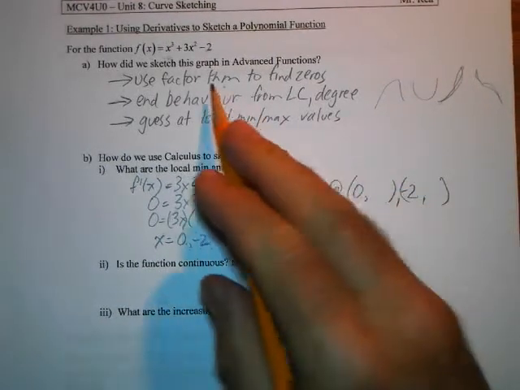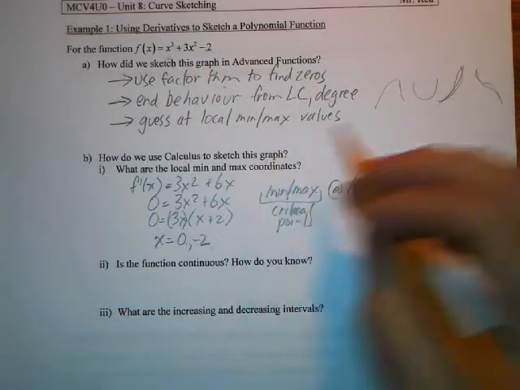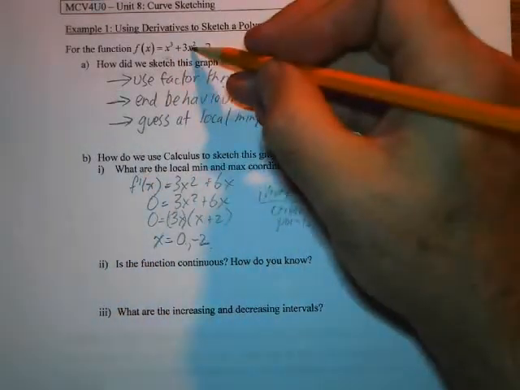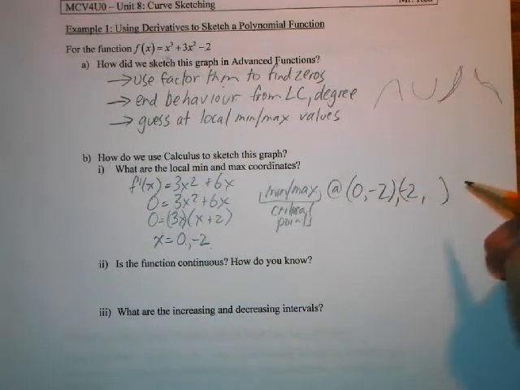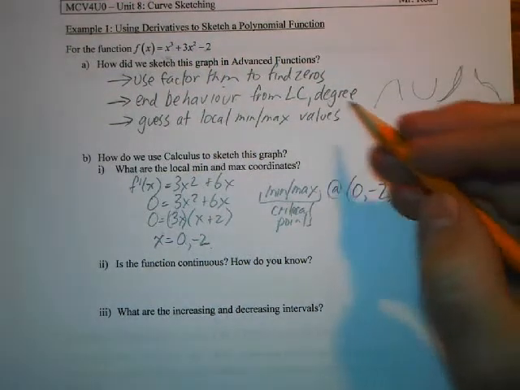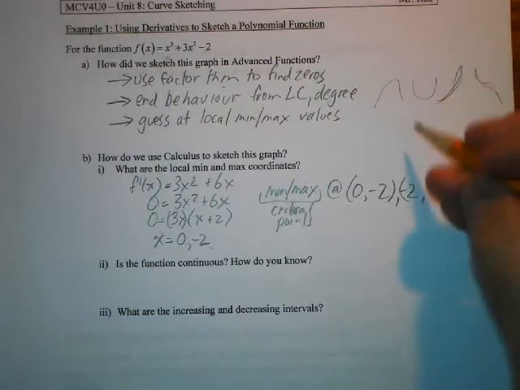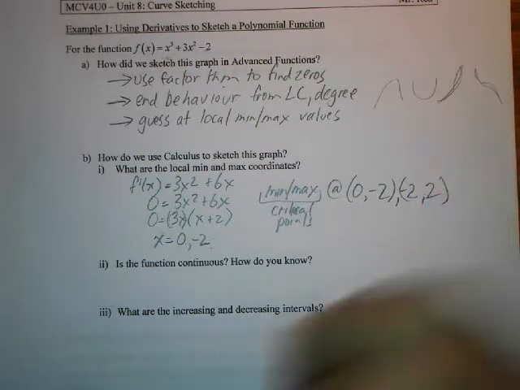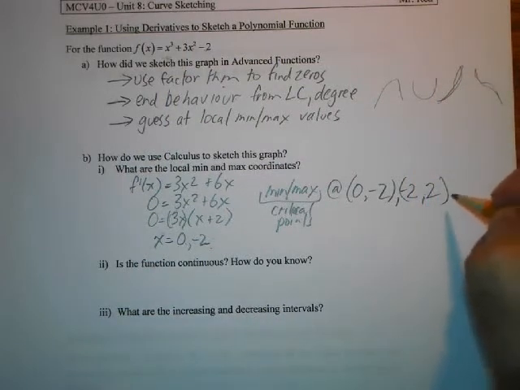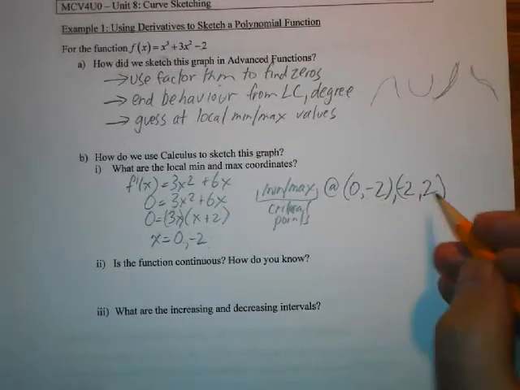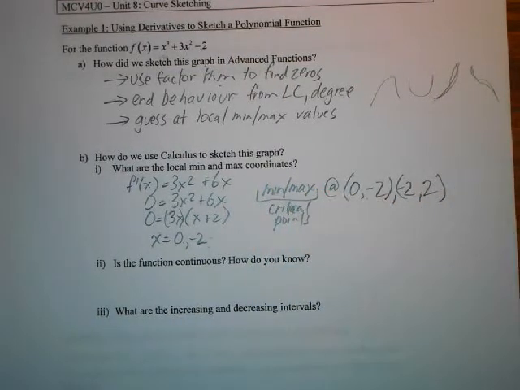If we plug these back into the original function, that one's easy to get: f of 0 is negative 2, so the first point is 0, negative 2. And if I plug negative 2 back into here, I get f of negative 2 is 2. So these are the two critical points of this function.